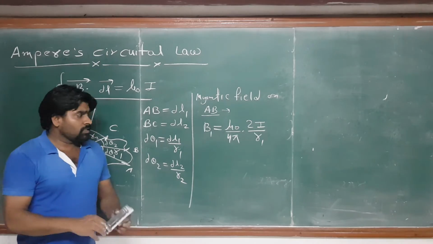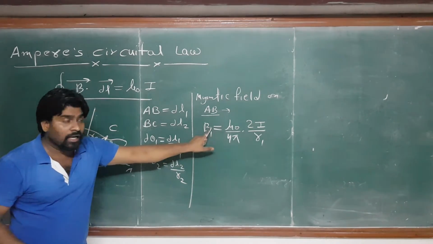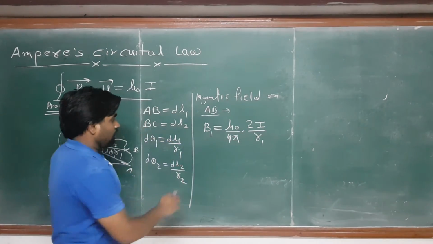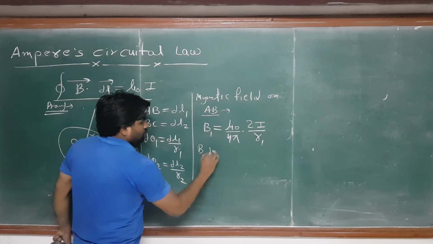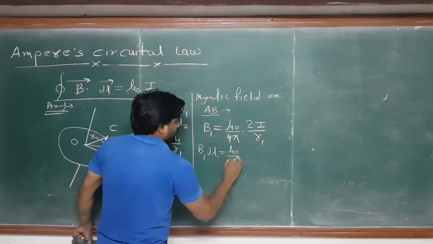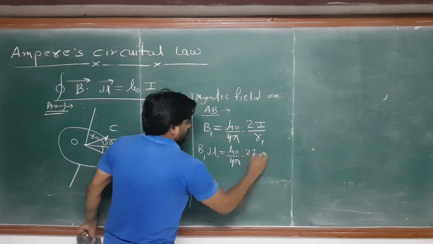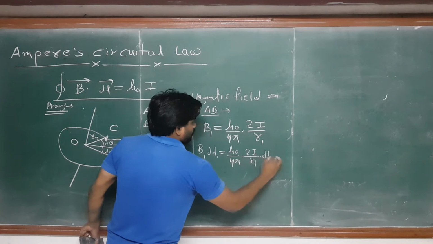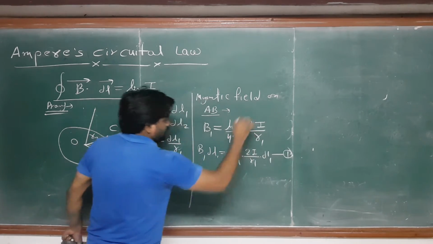And do one more thing: suppose I multiply by dl on both sides, then B1 dl1 equals mu naught by 4 pi dot 2I by R1 dot dl1. This is equation number 1.